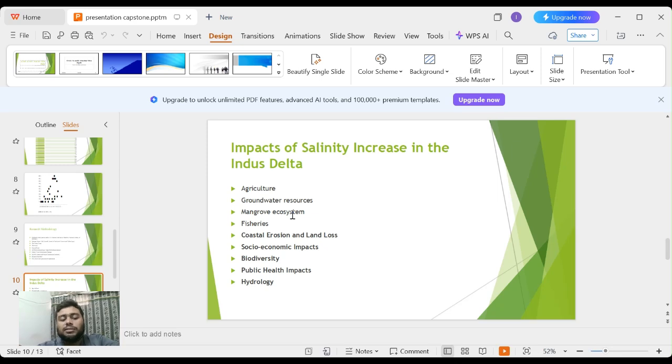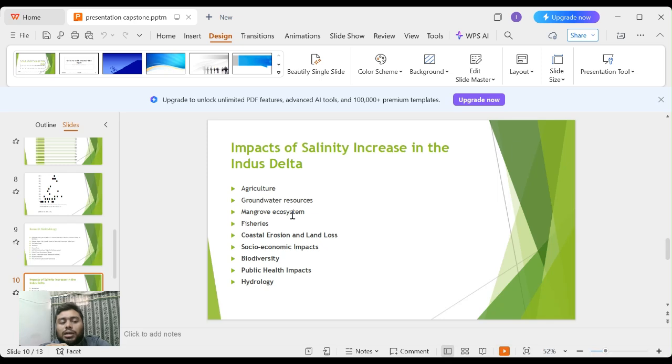There is reduced breeding success for fish, lower shrimp and crab productivity in some nursery habitats, and declining fish catches affecting local fishing communities. As there are no fishes in the saline water, fish catching has become less. The changing salinity regime disrupts the ecological balance that supports commercial fishing. There will be no fish catch in that area.